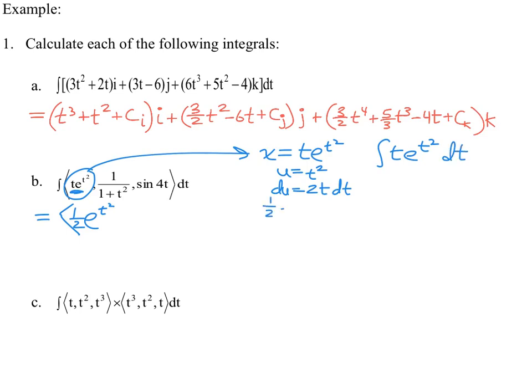This would become 1/2 du equals t dt, which allows me to swap out these two guys, making this 1/2 e to the u du, which integrates to 1/2 e to the u plus c, all for the purpose of just bringing it right back to what I got there just by taking a shot in the dark.